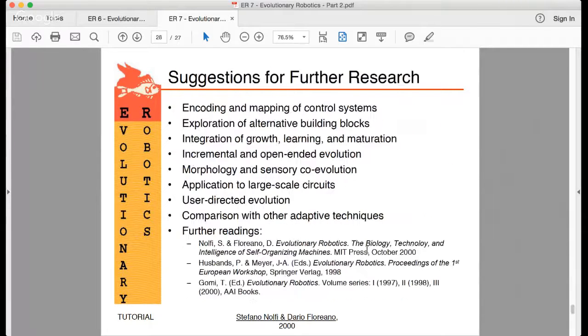And about the last slide, which is suggestions for further research, we have another suggestion: evolving two robots that aren't completely the same, such as evolving a UGV alongside a UAV, so that they may learn to work better together.